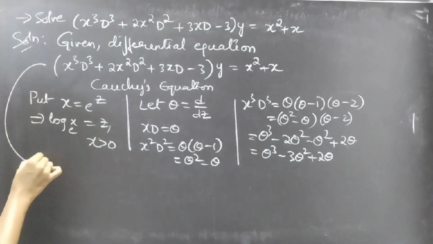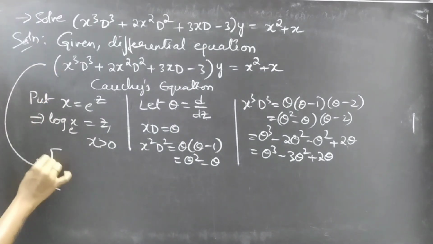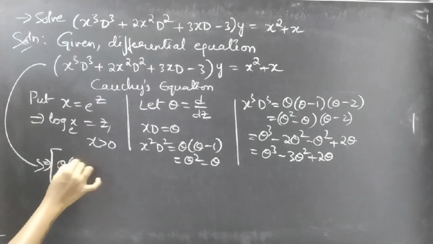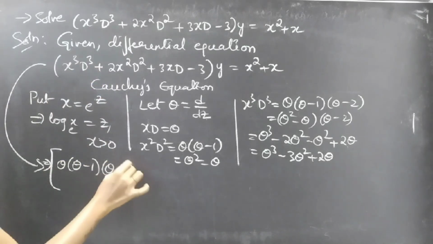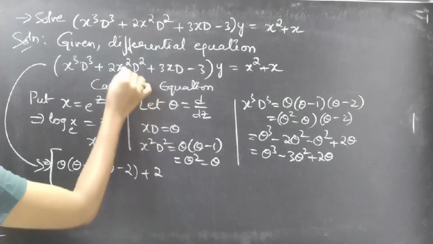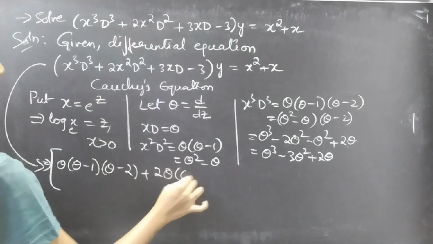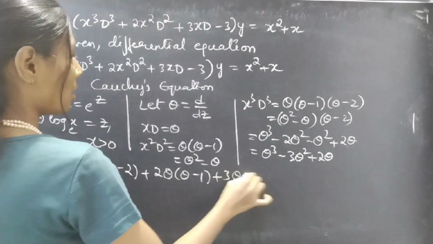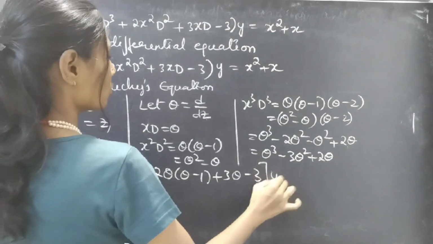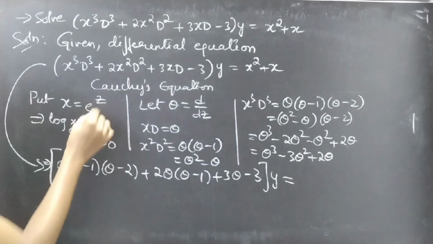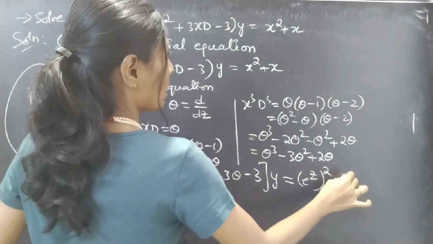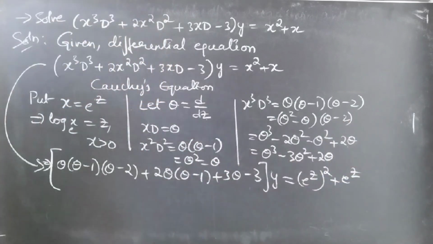Then the above equation becomes: theta of theta minus 1 into theta minus 2 plus 2 into theta of theta minus 1 plus 3 into theta minus 3, into y, equal to e power z whole square plus e power z, right?